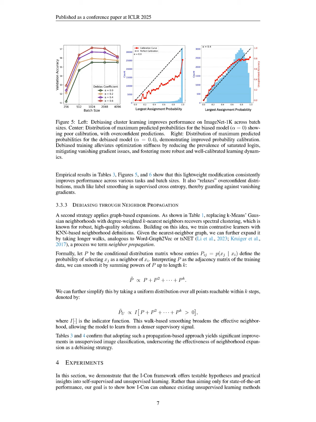Additionally, while the framework allows for the transfer of techniques between domains, the effectiveness of these transfers may vary, as evidenced by the sensitivity of performance to the debiasing parameter, alpha, and neighbor propagation strategies, which require careful tuning for optimal results.